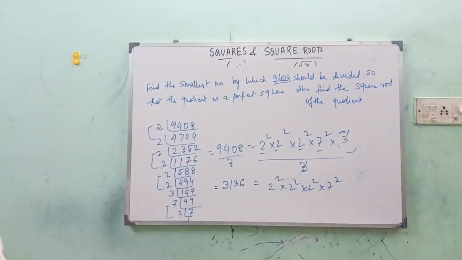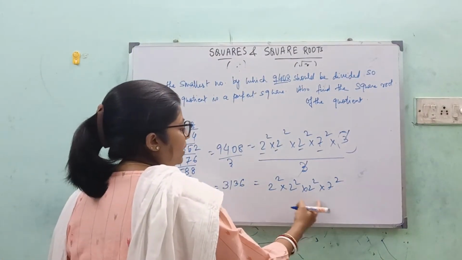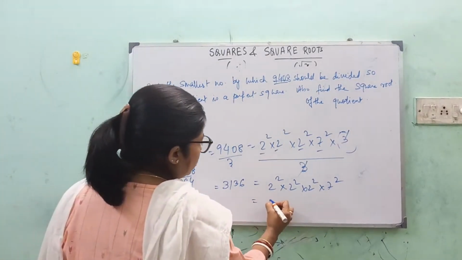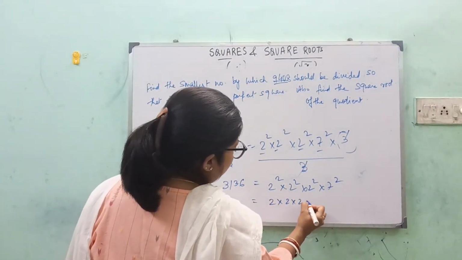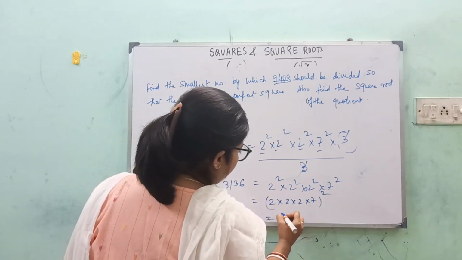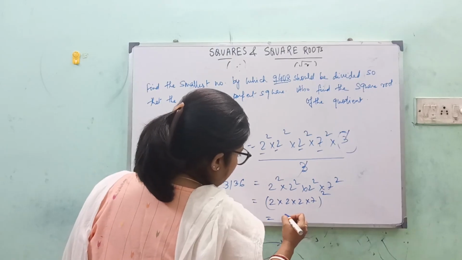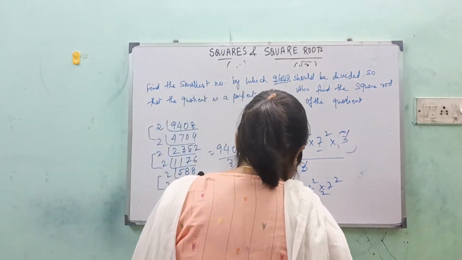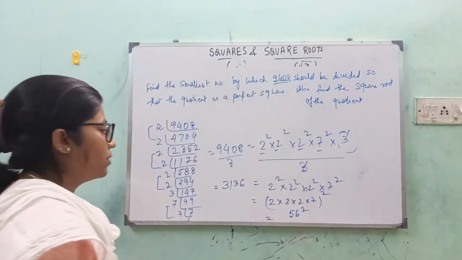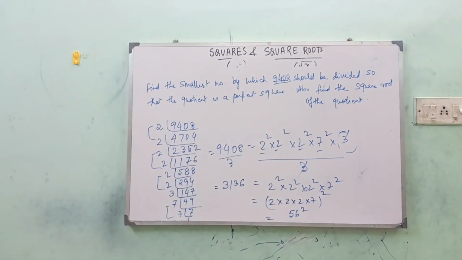So we can write this in the form of product of pairs of equal prime factors. That means this is 2 into 2 into 2 into 7 whole squared. That is 2 fours are 8, 8 into 7 is 56. So this is 56 squared. So 3136 is 56 squared.